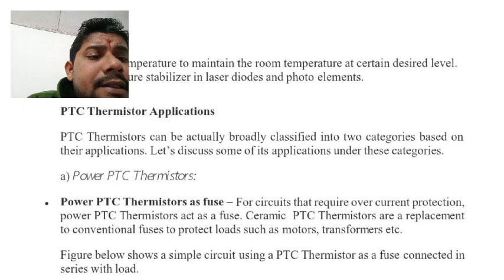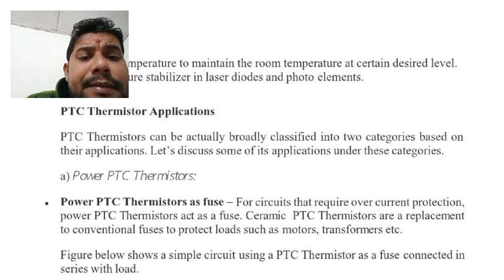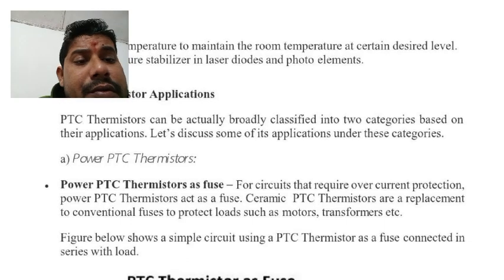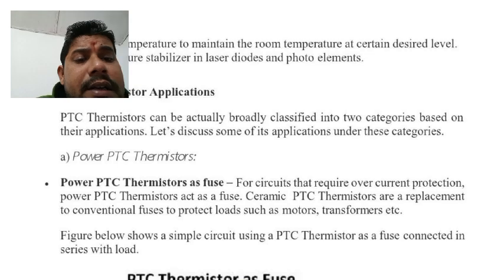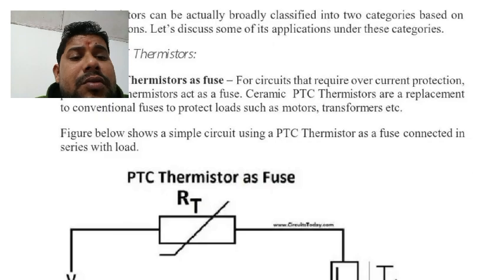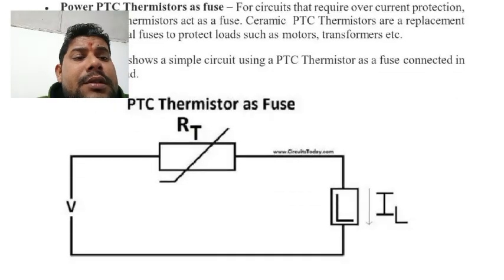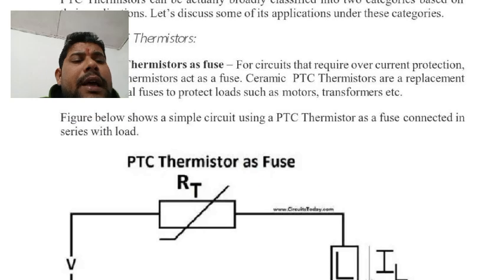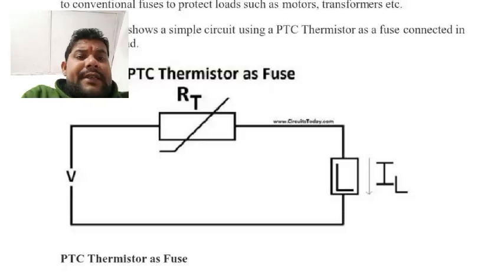Ceramic PTC thermistors replace the conventional fuse to protect the motor, connected in series with the load as shown in the figure. The PTC can be used like a fuse.